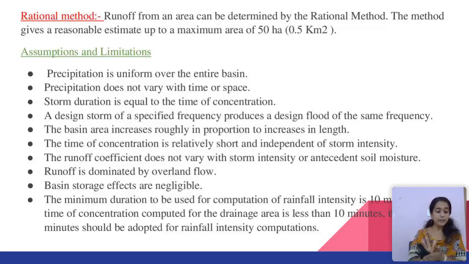And the minimum duration to be used for computation of rainfall intensity is 10 minutes. If the time of concentration computed for the drainage area is less than 10 minutes, this should be adopted for rainfall intensity computations. These are the assumptions. We can go through them once again.